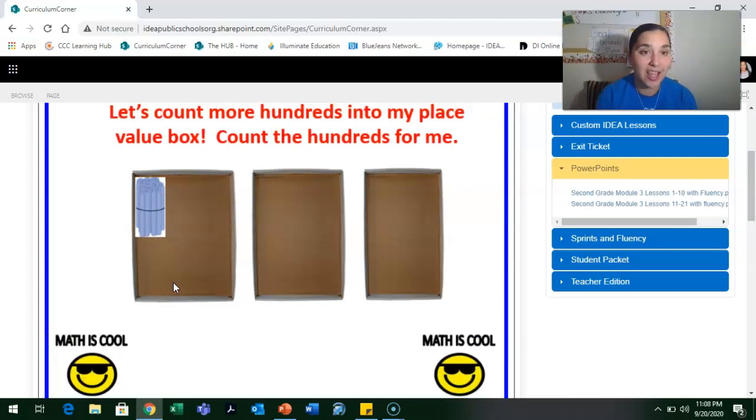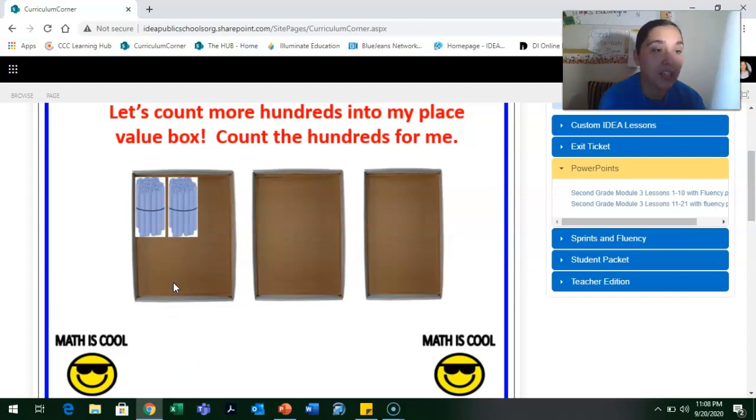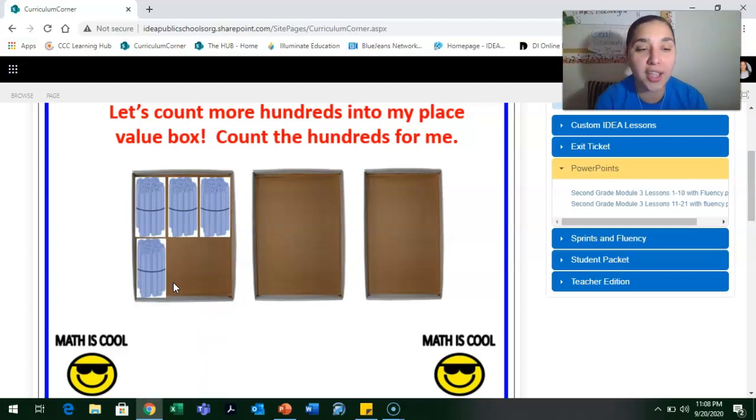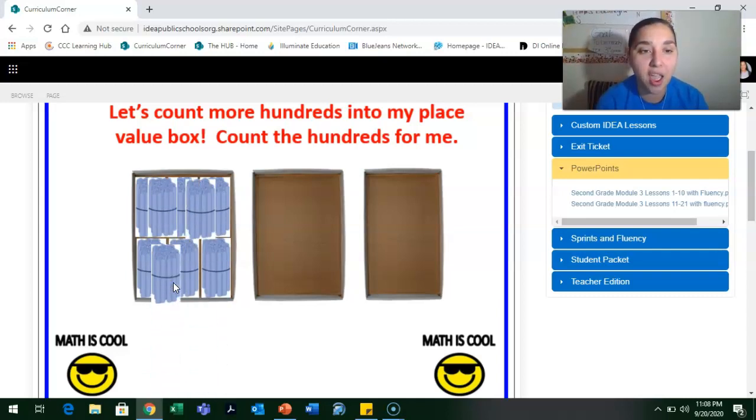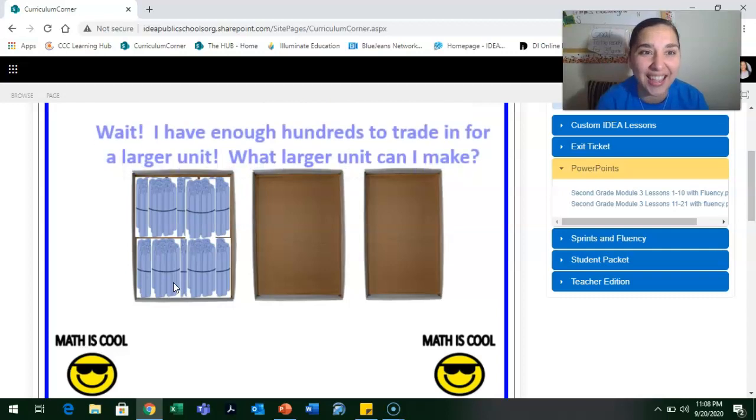So let's count more hundreds into my place value box. Count the hundreds with me. Are you ready? 100, 200, 300, 400, 500, 600, 700, 800, 900, 1,000.